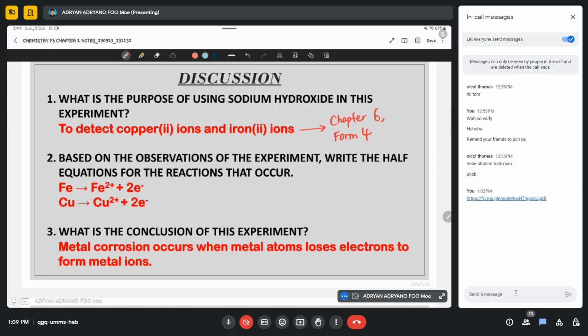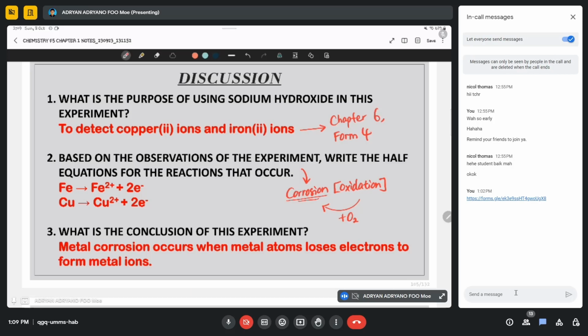Based on the observation, write the half equation. 简单的这个 you just remember, whenever they mention corrosion means they undergo oxidation. 就是这样, corrosion means oxidation. So for me to undergo corrosion, 我一定要加 oxygen.